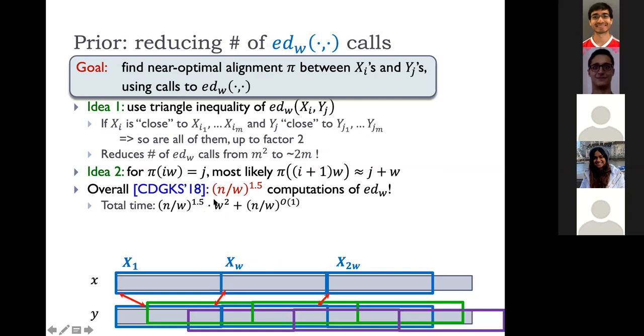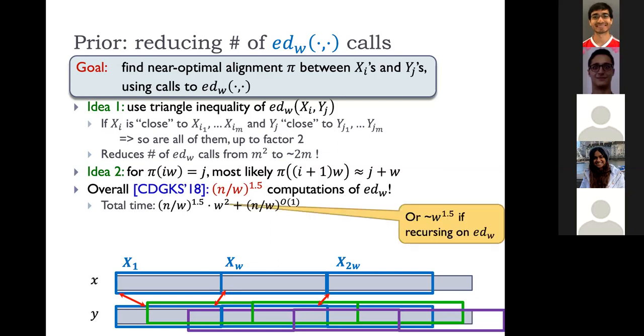And let's say we use the standard dynamic programming for computing edit distance on shorter substrings, which runs in time w squared. This is the time corresponding to the oracle calls to edit distance of shorter substrings. Plus, the second term corresponds to actually finding the optimal alignment, which is n by w to some constant. And you can now optimize for w, and you'll get something which is a little bit less than quadratic.